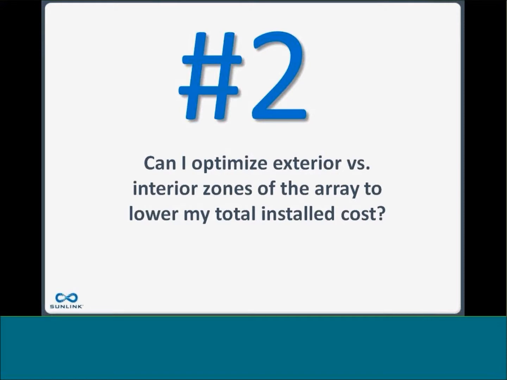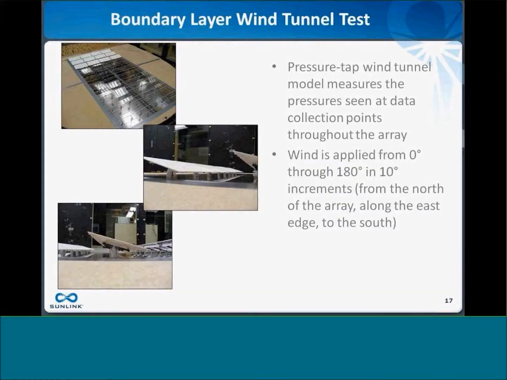Okay, so now we're going to get back to our question 2. Can we optimize exterior versus interior zones of the array to lower total installed costs? So the way we here at SunLink are doing our wind tunnel test is a boundary layer wind tunnel test, and you can see some images along the left-hand side of the slide, which is a pressure tap wind tunnel model where we actually are measuring the pressures at various points along our array as the wind is blowing through the wind tunnel.